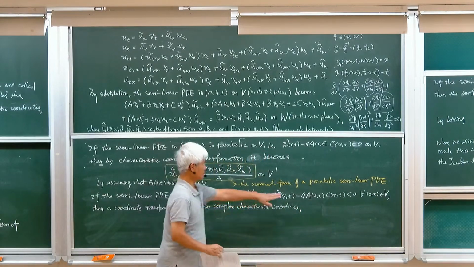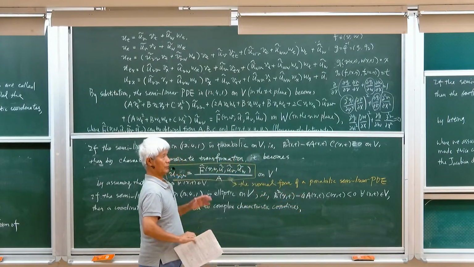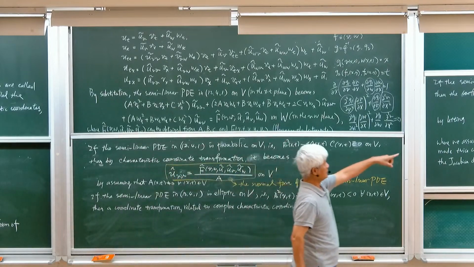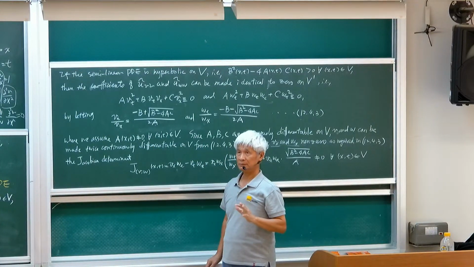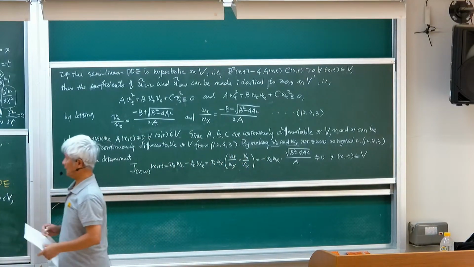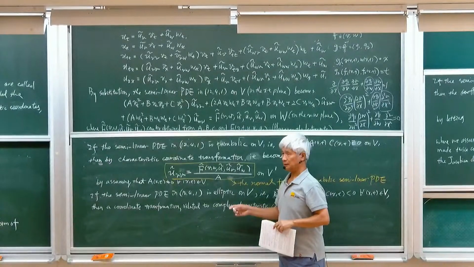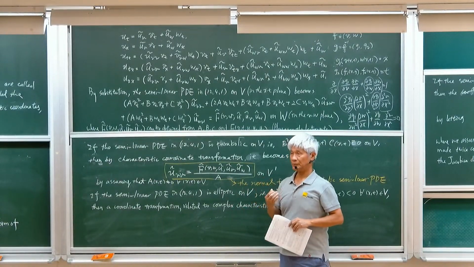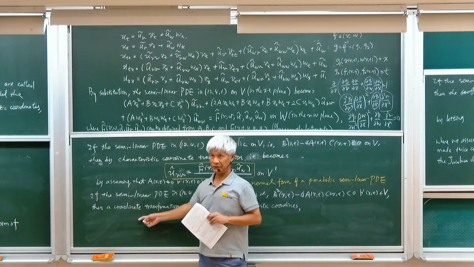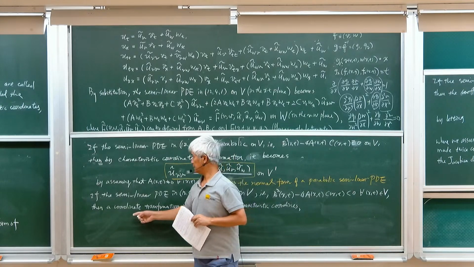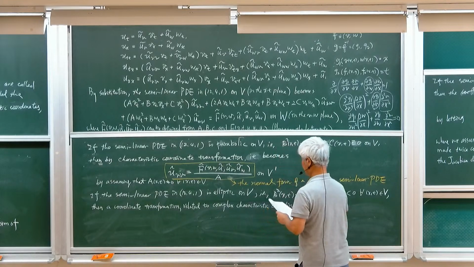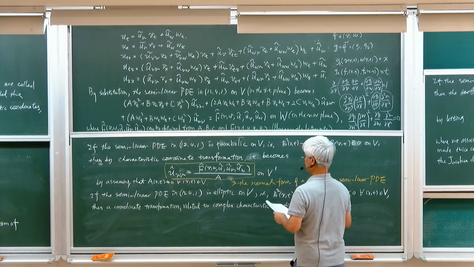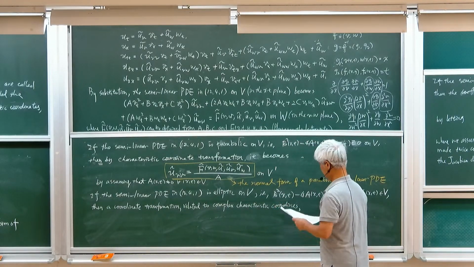Because this is negative, so if we see here, we have a complex equation. Okay, so now we have complex characteristics. But for us, we will use a real coordinate transformation. Okay, so we will have a coordinate transformation related to the complex characteristic coordinates.